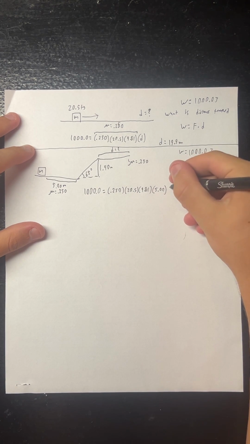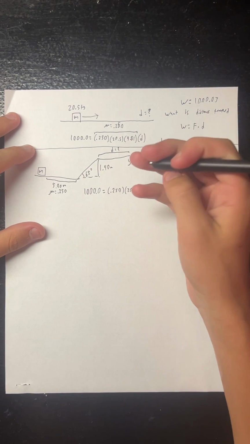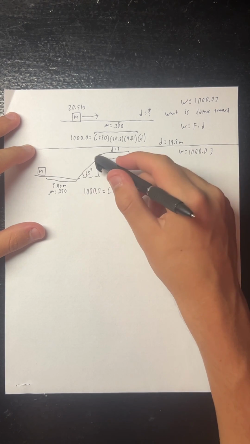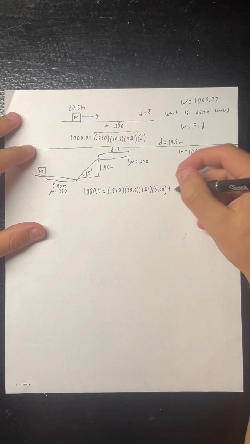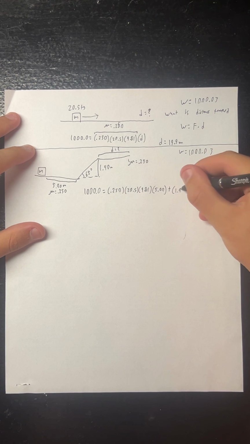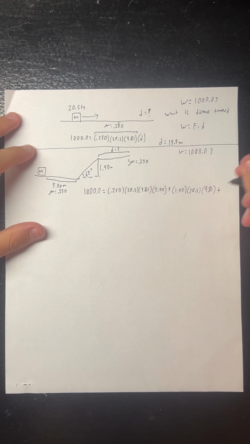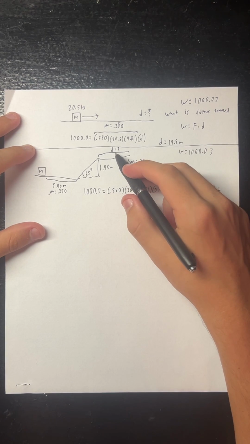And it's going to be plus, what other force acts on it? Well, it is rising up this ramp, so it's gaining potential energy. So we gain 1.40, because that's the height, times mg, which is 20.5 times 9.81, plus what other force? It's this frictional force here, and we are trying to figure out the distance.